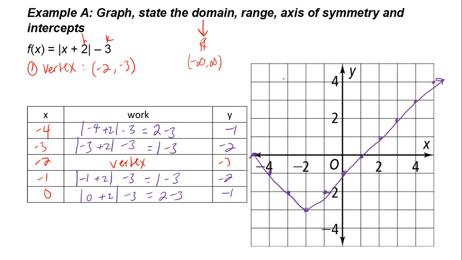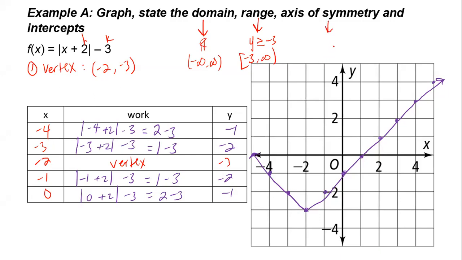Even though I don't see it going forever, there's no defined ending point to this function. Your range. Well, my range, I got to decide. Do I have a max or a min? A min. So what is my lowest point for this graph? -3. So we know that y is greater than or equal to -3. Or we can write it from -3 to infinity.